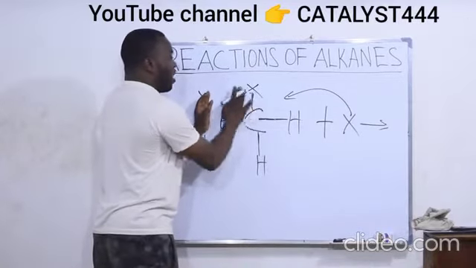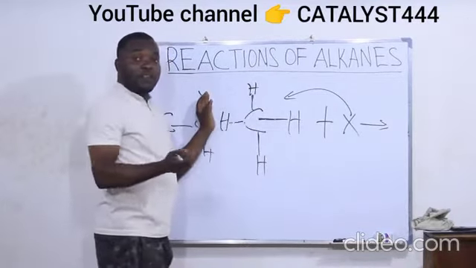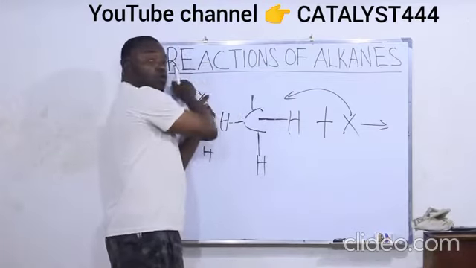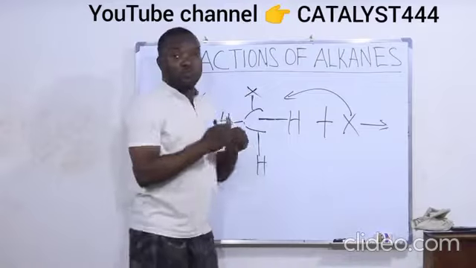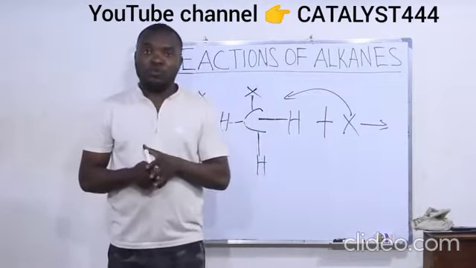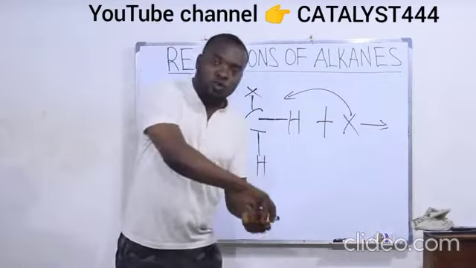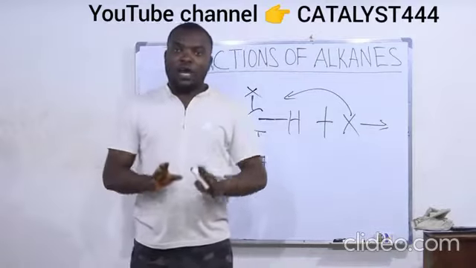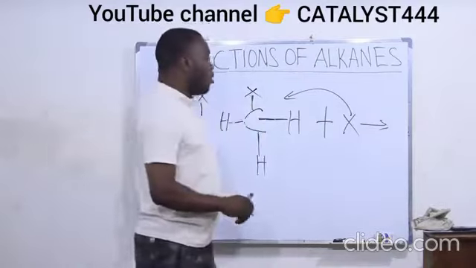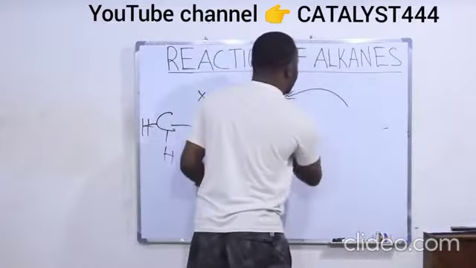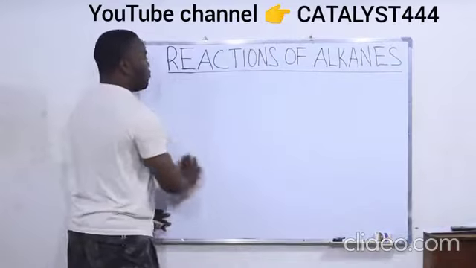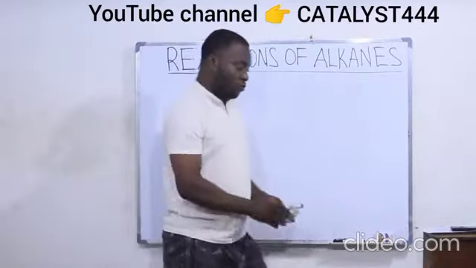All the 4 sides are occupied. So before a new person can stay, the old existing person needs to go. Such a type is called substitution reaction. But when a new person comes and stays without anybody leaving, that one is called addition reaction. Because alkanes are completely saturated, alkanes undergo substitution reaction.